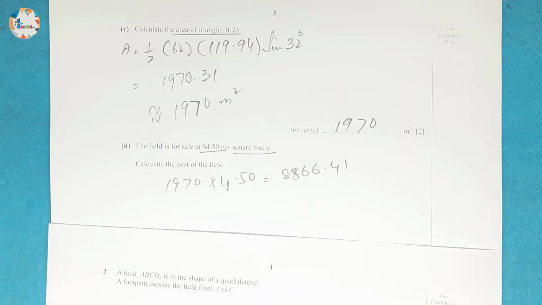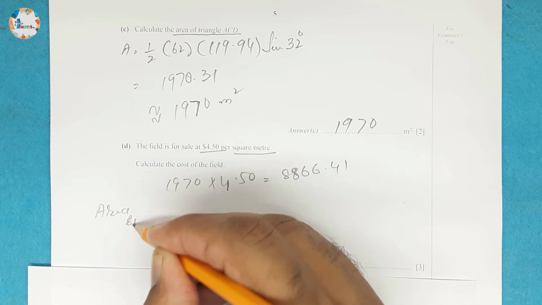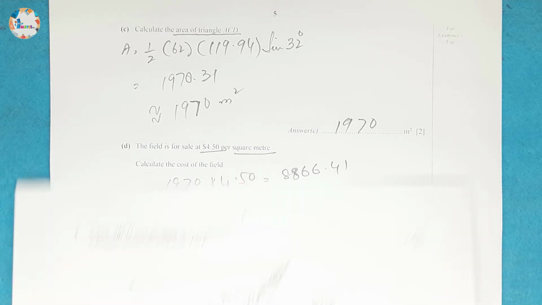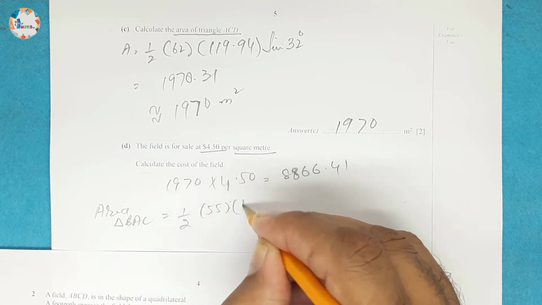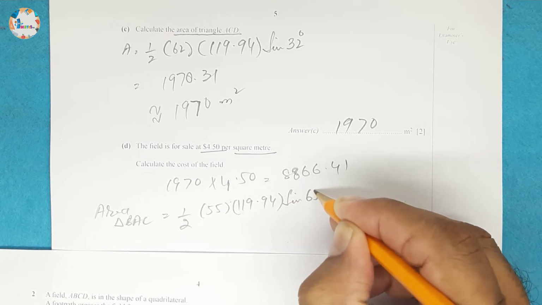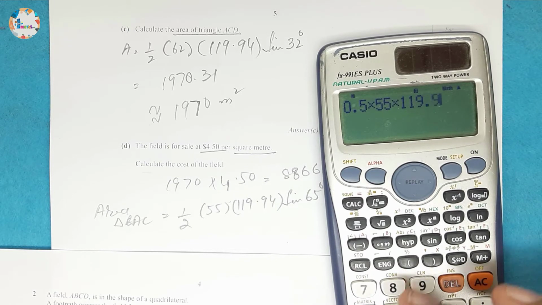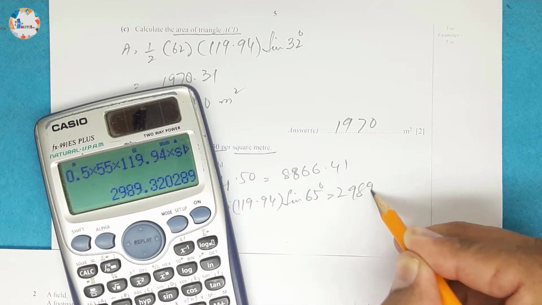So area of triangle BAC will be equal to 1 by 2 into AB sine C. So 55 into 119.94 and sine of angle 65 degrees, and this will be equal to 0.5 into 55 into 119.94 and sine of 65 degrees, and this will result in 2989.32.